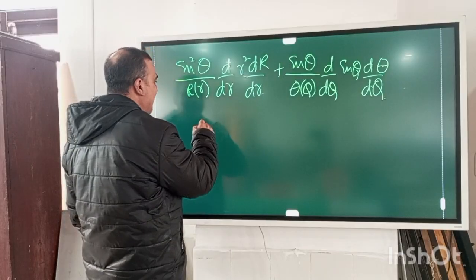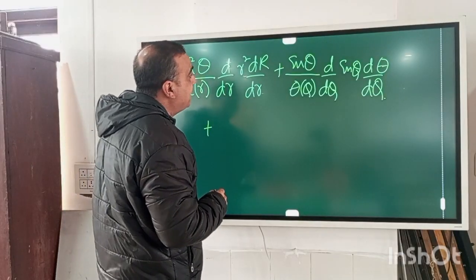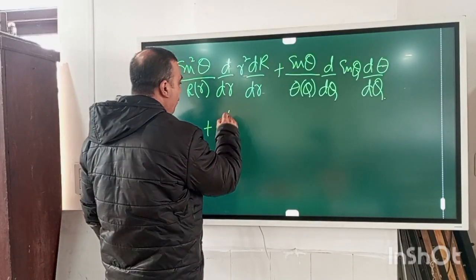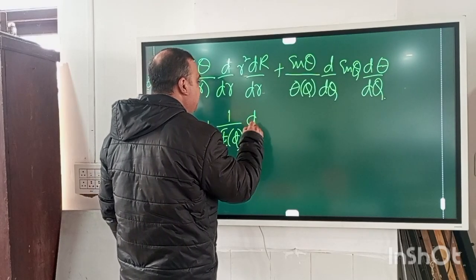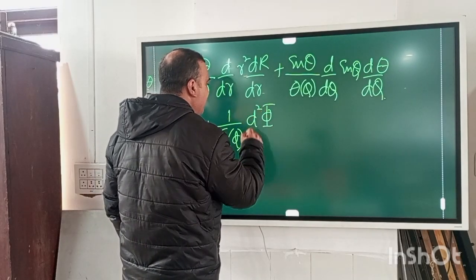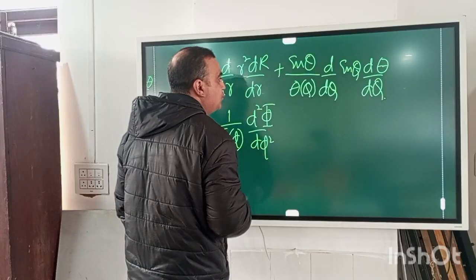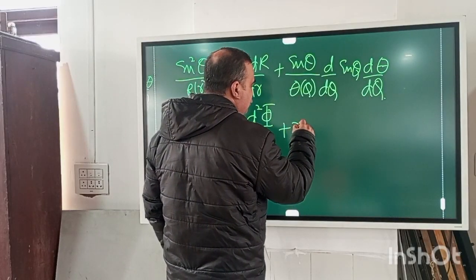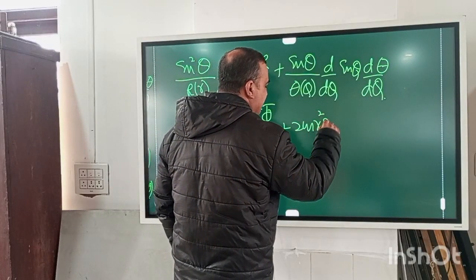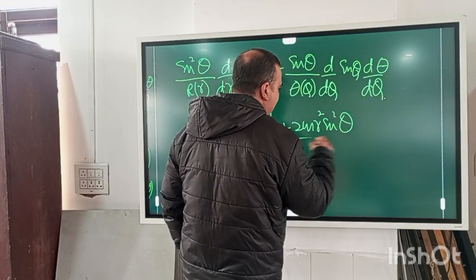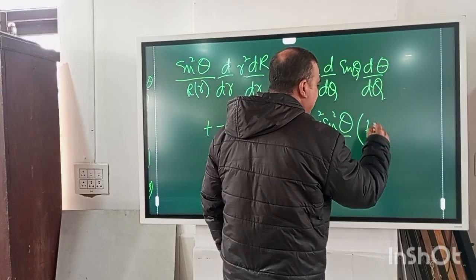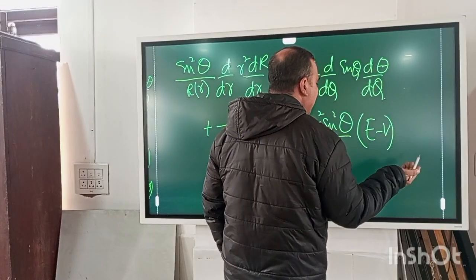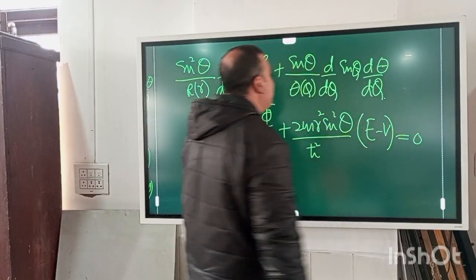Then we will have plus 1 by phi of phi d2 phi by d phi 2, and then plus 2m r square sine square theta by h bar square times e minus v of nothing is equal to 0.